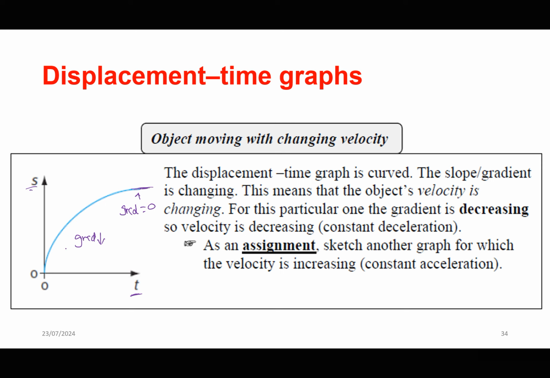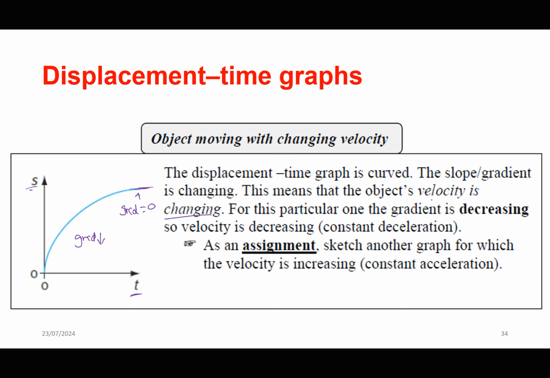The gradient was decreasing to 0. And remember the gradient is the velocity. That means the velocity was actually decreasing. And if the velocity of a body is decreasing, it is slowing down, we say the body is decelerating. So the displacement time graph is curved, the slope or gradient is changing. This means the object's velocity is changing.